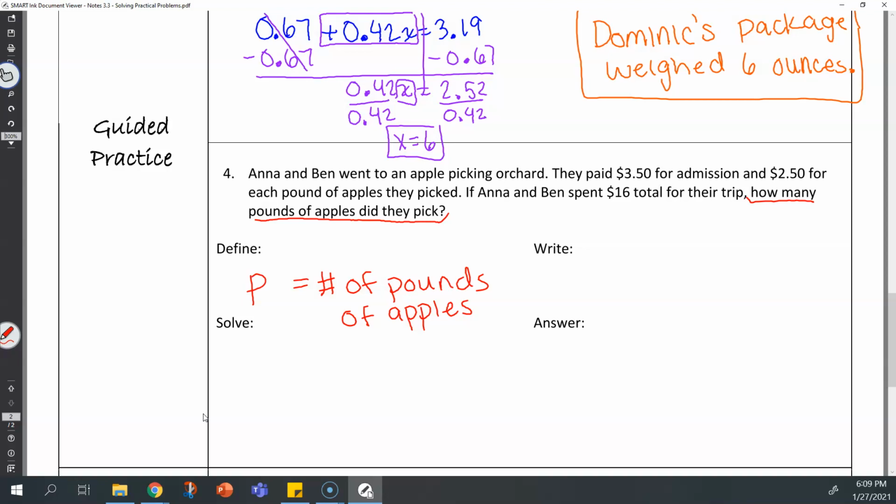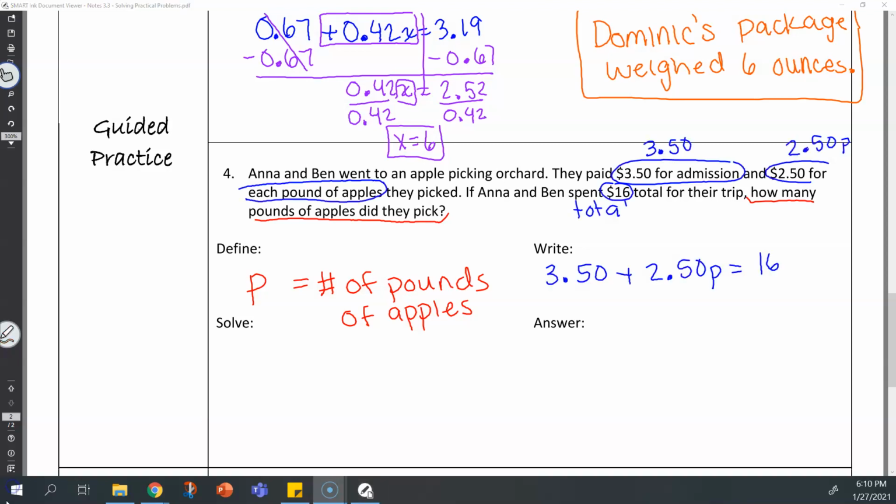Okay. From there, I want you to write an equation. Then I want you to come back here and check your equation against my equation. So I want you to pause, write an equation based on the information in question number 4, and then come back and check your equation with mine. All right.